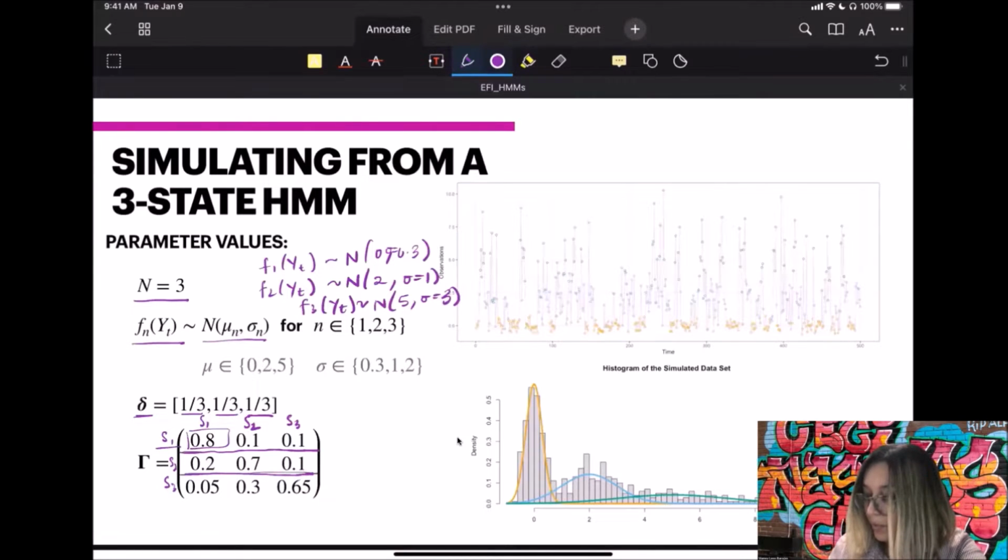And similarly for each row. So it provides probabilities of how we switch over time between states. And if you'll notice, here, they sum to 1. So each row is going to need to sum to 1. And that describes the evolution of our underlying Markov chain.